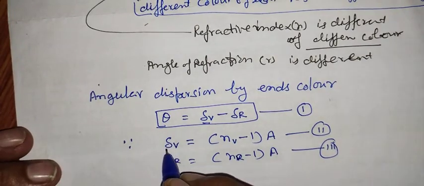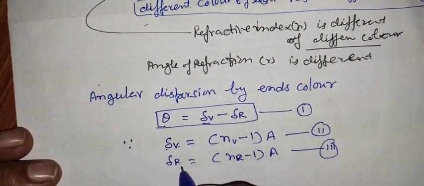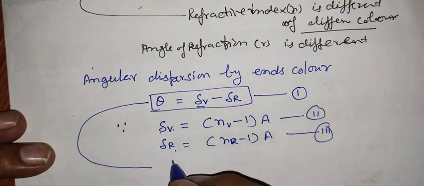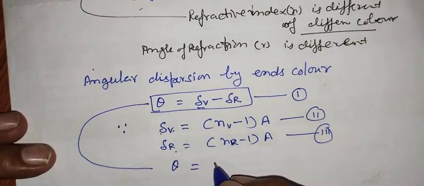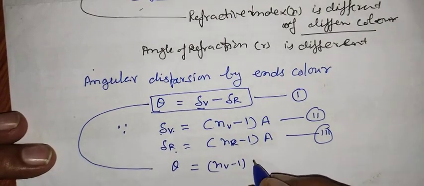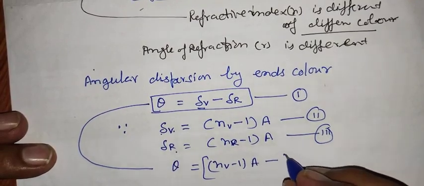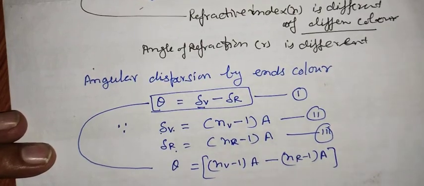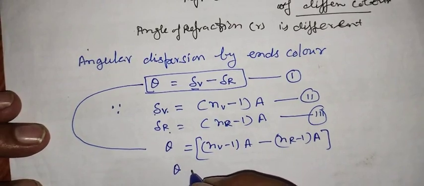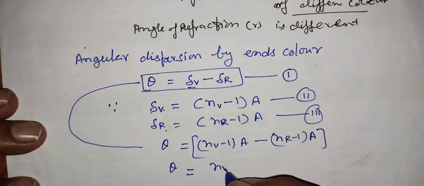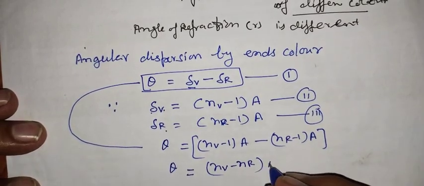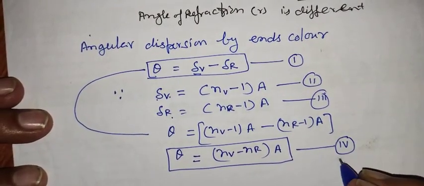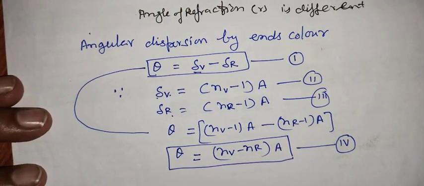Putting the value of angle of deviation for violet and red color in equation number 1, angular dispersion theta is NV minus 1 in bracket into A minus NR minus 1 in bracket into angle of prism, and by solving it can be given as NV minus NR into A. Angular dispersion between end colors is represented by equation number 4.